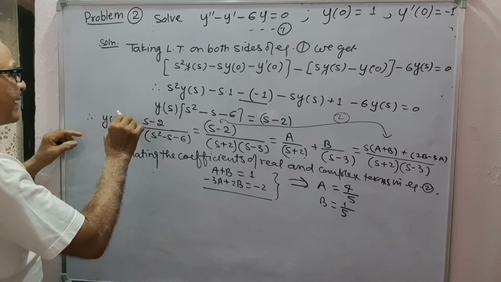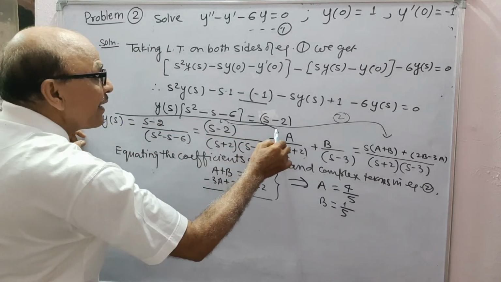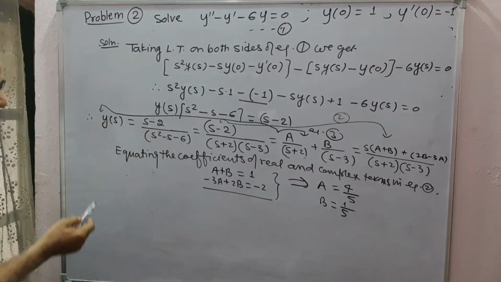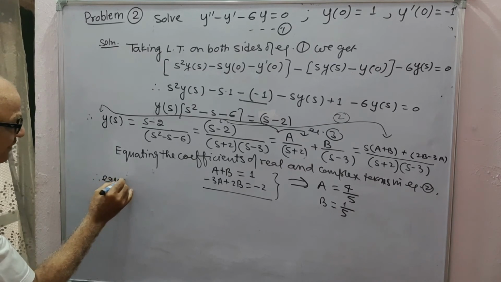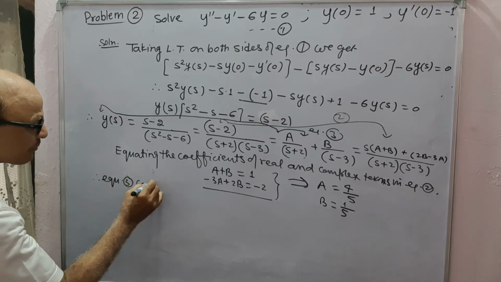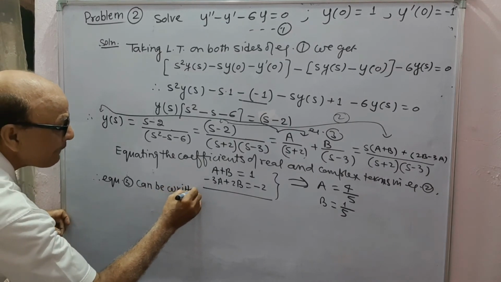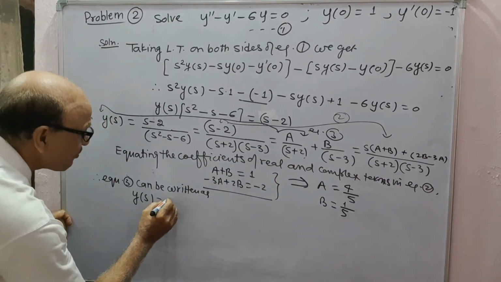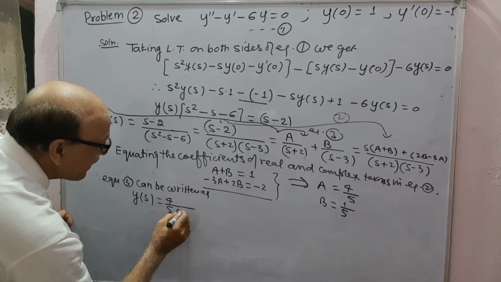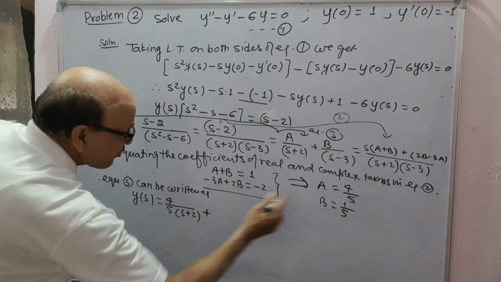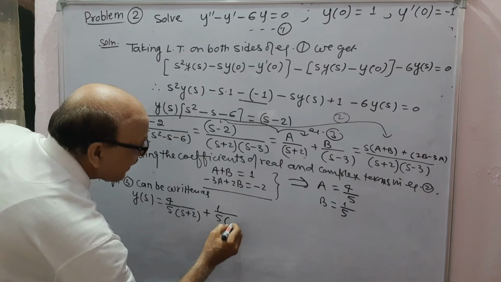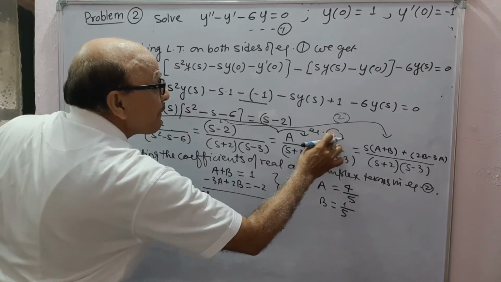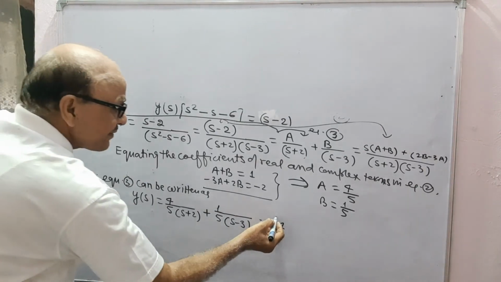If you name this equation as equation 3, then equation 3 can be written as y s is equal to a, meaning 4 by 5, upon s plus 2, plus b, meaning 1 by 5, upon s minus 3. Suppose this is equation number 4.